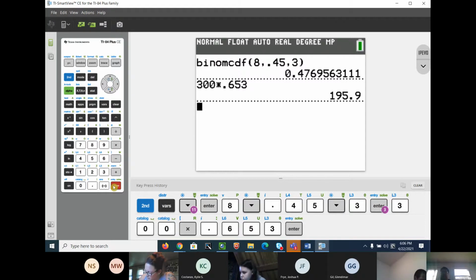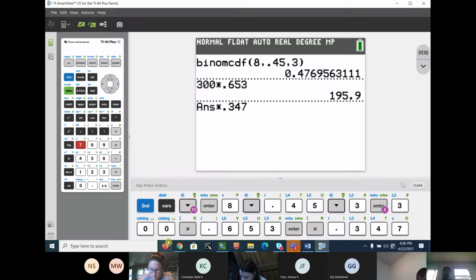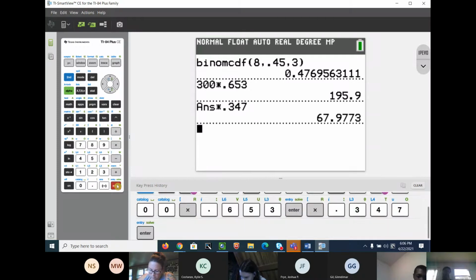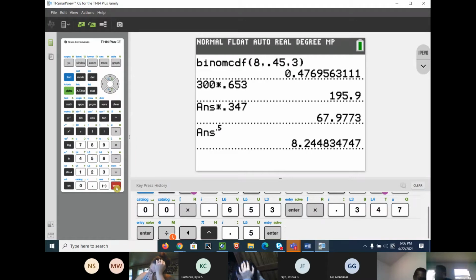And now I'm going to take that number and multiply it by 0.347 and raise it to the 0.5 power, or you will take that number and hit the square root key. I don't care which one you do. So raise it to the 0.5 power is equal to 8.245.